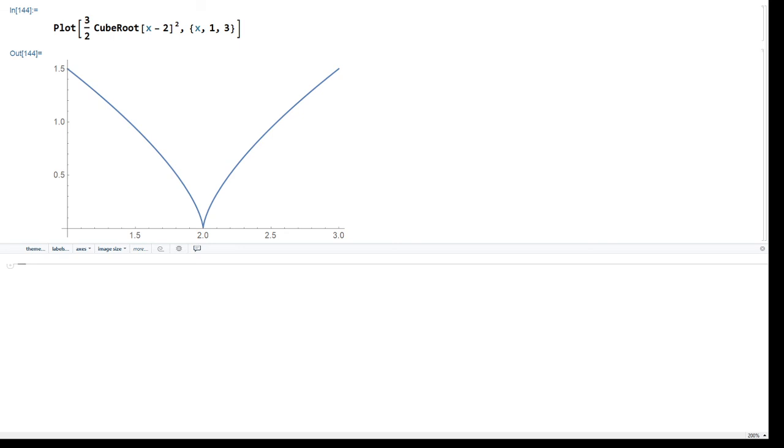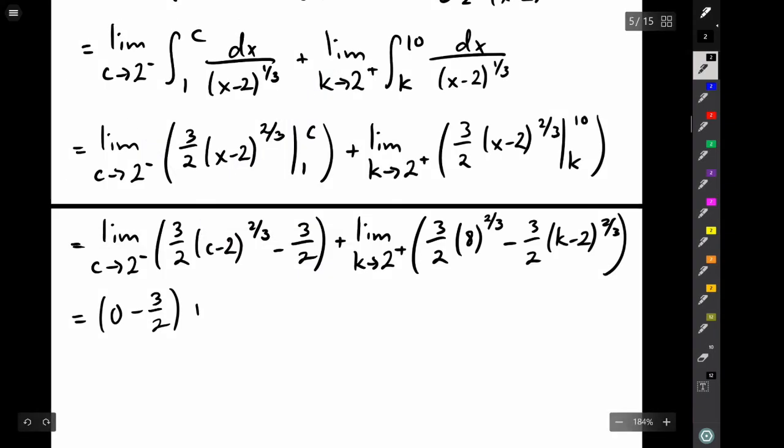Sorry, back over to the lecture here. Plus, the cube root of 8 is 2. 2 squared is 4. So this is 3 halves times 4, which is 6, and then minus 0. So here we're looking at 6 minus 3 halves, which is 4.5, or 9 halves. And that's our answer.